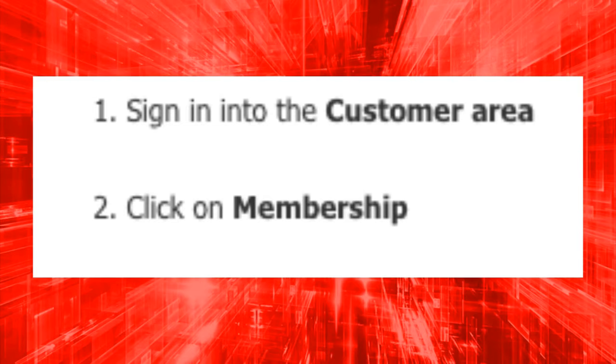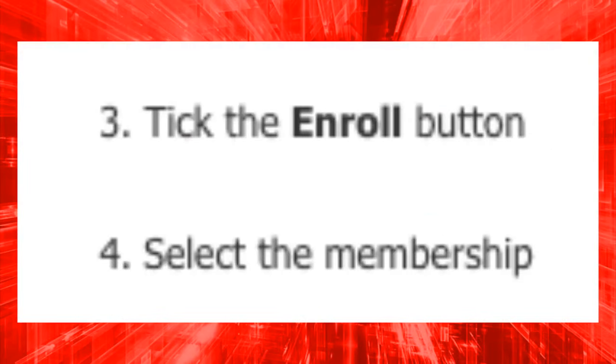So if you go to trapdoorescapestream.com, you click the membership button, then go through the customer area and click on membership. Then tick the enroll button, and select the membership.